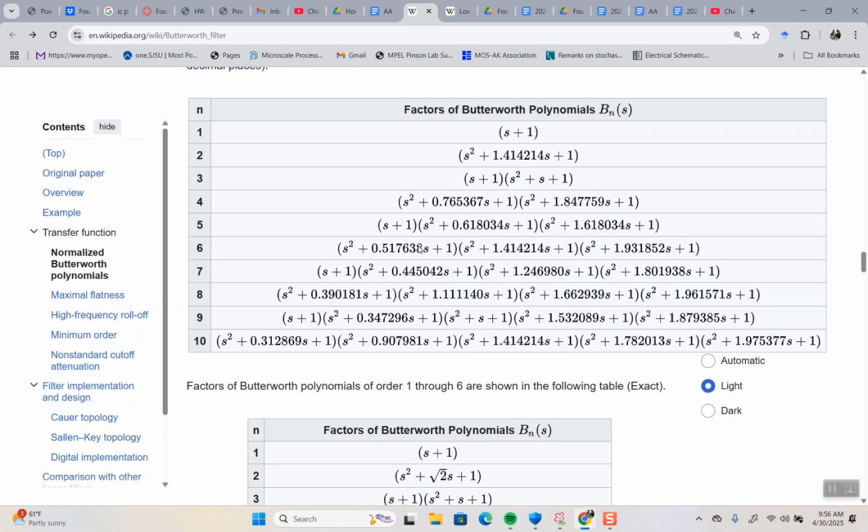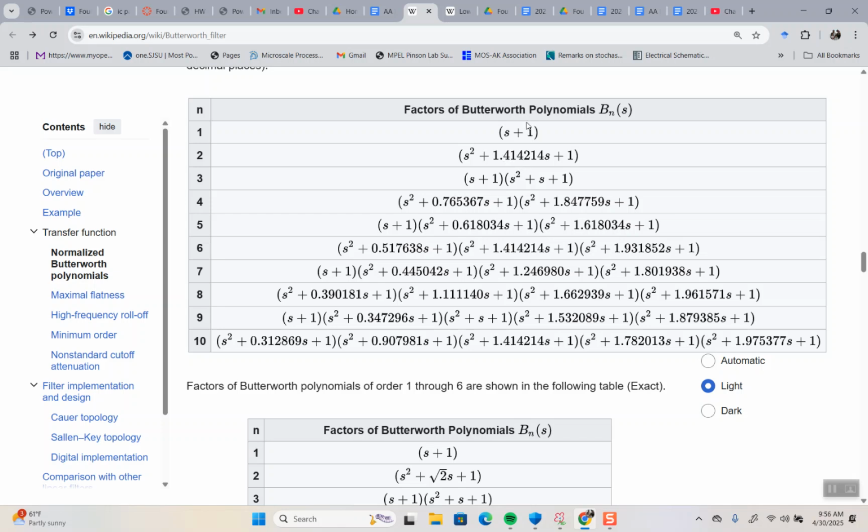S plus 1 is one pole. S squared plus 1.41 S plus 1 is a second order Butterworth filter. You can tell that this term is 2 times the damping coefficient times omega naught, so the damping coefficient is 0.707, and this is what you get.